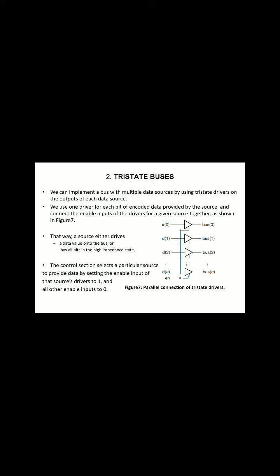In order to avoid this, we need to pass data through a control signal. In the multiplexed bus, we saw we select a particular logic level using a multiplexer. Similarly, in the tri-state buffer we use an enable signal, and based on that enable signal, we pass a particular logic level.